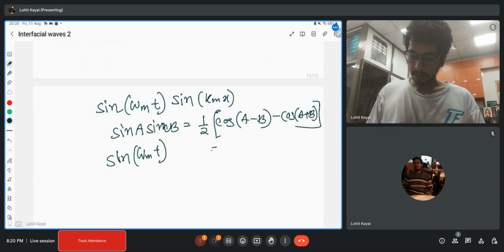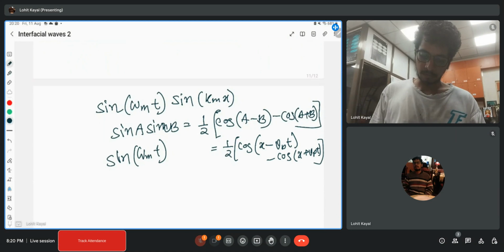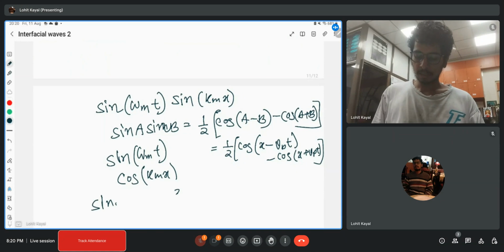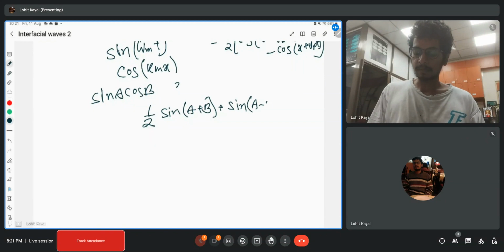We can write it as half of cos of x minus vp t minus cos of x plus vp t. Similarly, sine omega t and cos km x is just like sine A cosine B, so it will be half of sine A plus B plus sine A minus B.